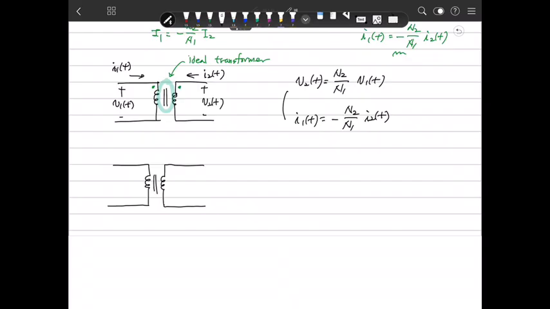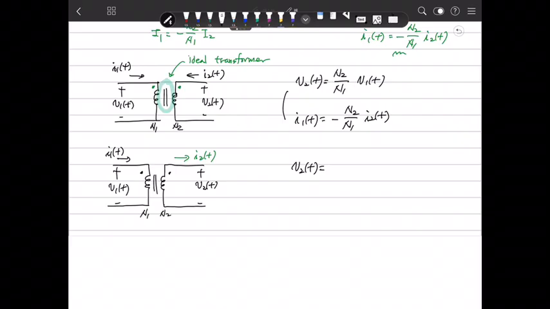this is an ideal transformer, and define this as that and that. If we define this as V1(t), and this as V2(t), and define the current as I1(t) in this direction, and I2(t) in this direction, then V2(t) is the same thing, N1 over N2. N1 over N2 is the turn ratio.